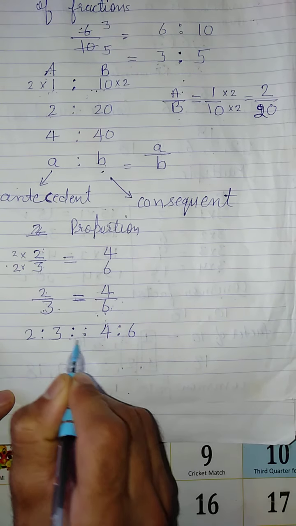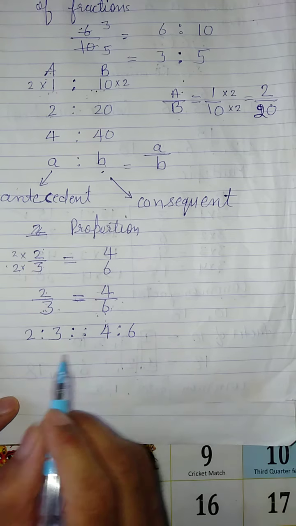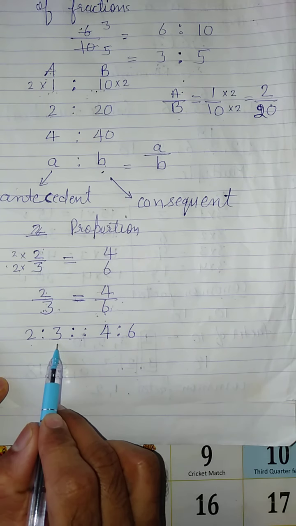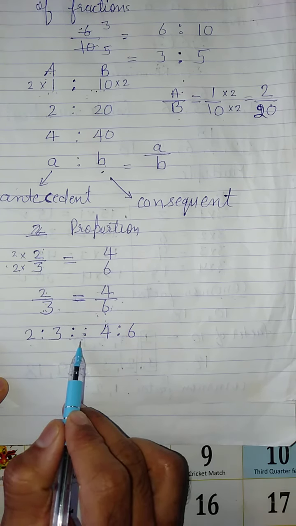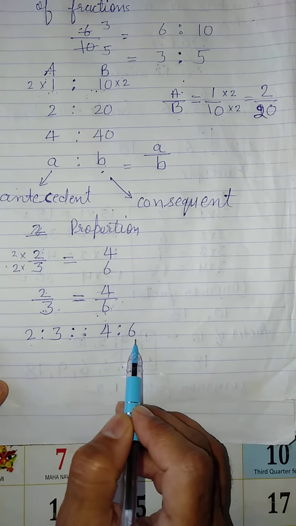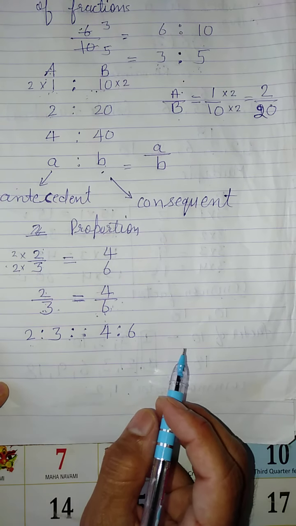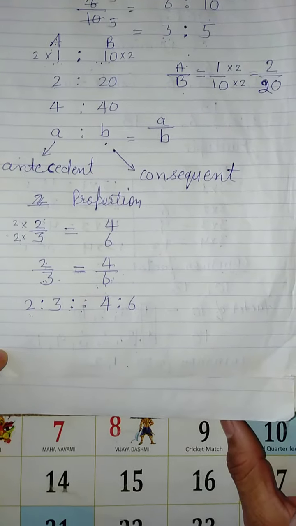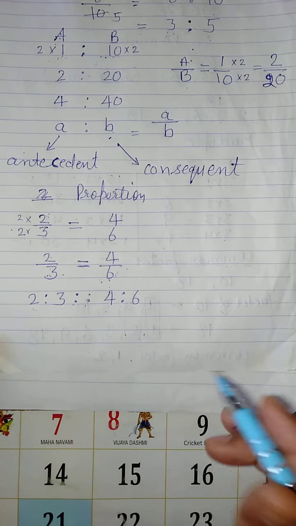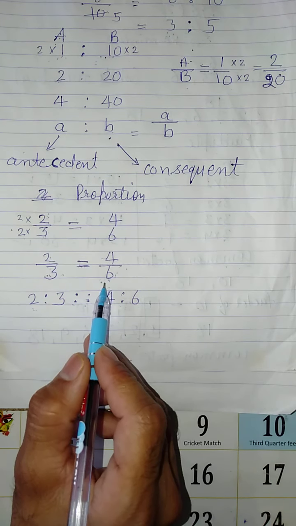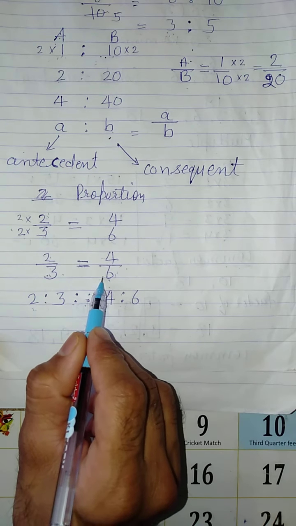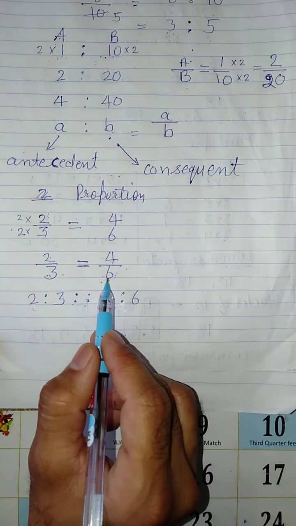This is called proportion, right? It means 2 is to 3, 2 ratio 3 is in proportion to 4 ratio 6, right? This is called proportion.